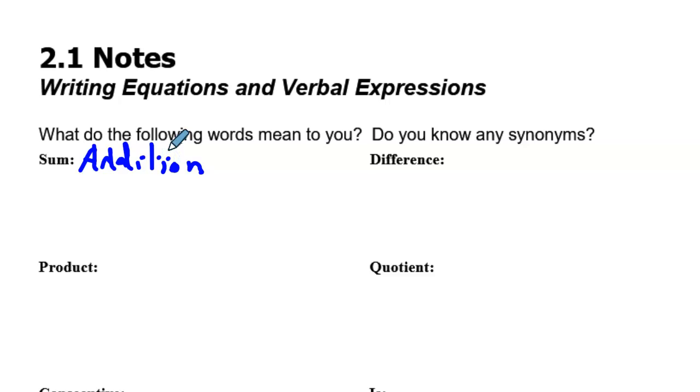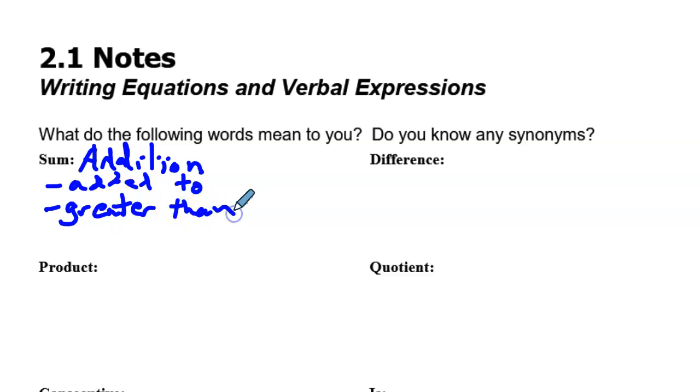And some other words that we might see when we have an addition problem are added to, greater than, increased by, and the symbol for that, as you know, is the plus symbol.